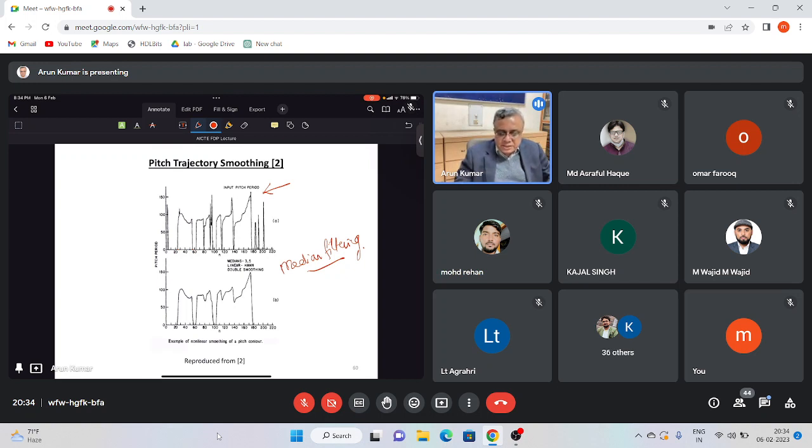Now we can see here that the pitch period of a person doesn't change drastically from one frame of 20 milliseconds to the next frame. It changes smoothly. One can change one's pitch period or the fundamental frequency over time, but that cannot happen randomly or drastically. So this physical limitation is used as the basis for smoothing the pitch period or correcting the pitch period estimation, which otherwise can be erroneous.